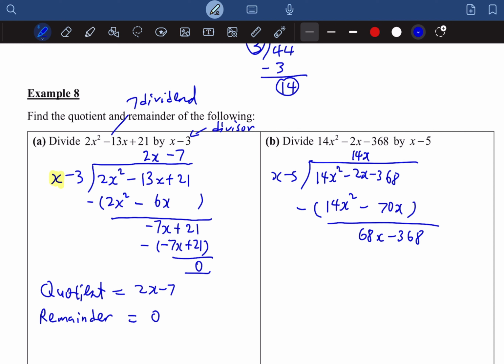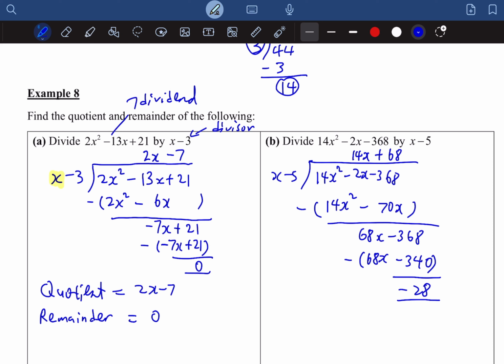So now I have to remove the 68x. So 68x minus 68x is gone. So here plus 68. So 68 times x minus 5, I'll have 68x minus 340. So I'll have negative 28. So now this is negative 28, which is degree 0, and our divisor degree is 1.